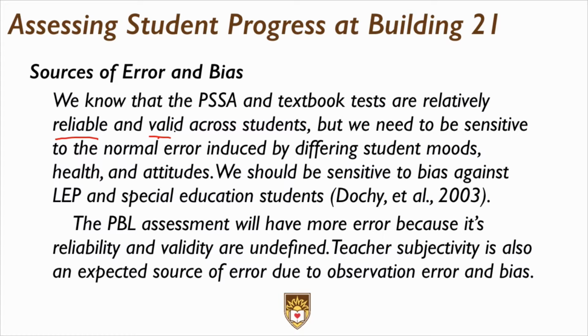But for individual students, we need to be sensitive to the normal error induced by differing student moods. So maybe a kid didn't sleep the night before a big test, or maybe he broke up with his girlfriend or had an auto accident, and that will affect the test. So one test for one kid is not particularly reliable.